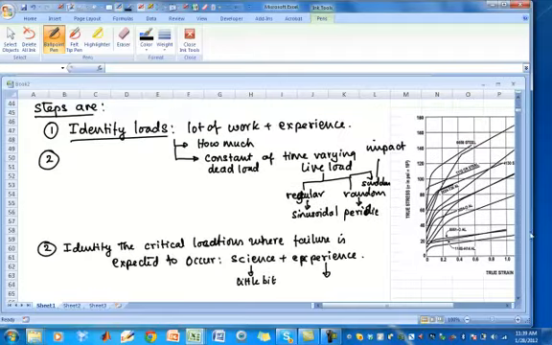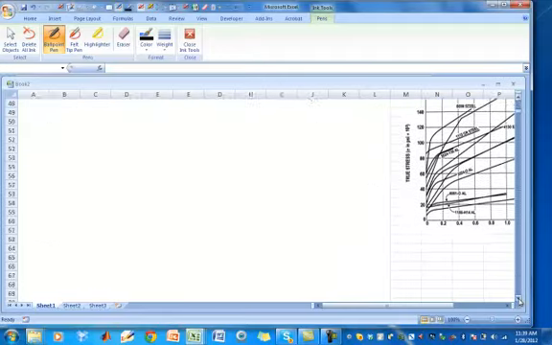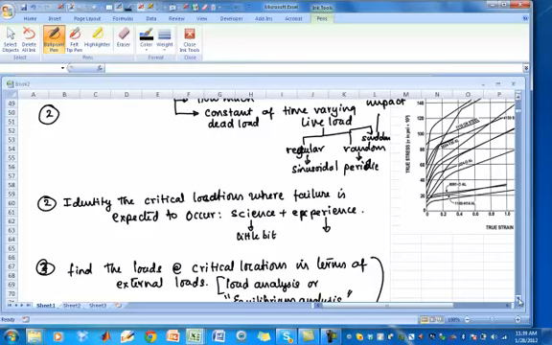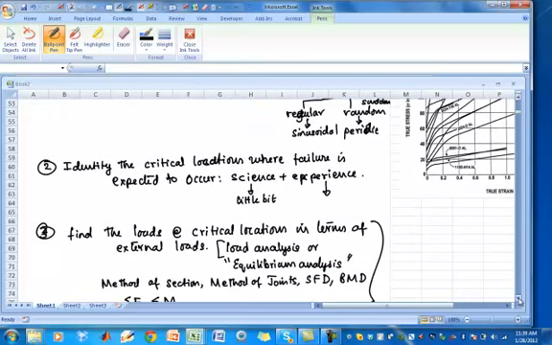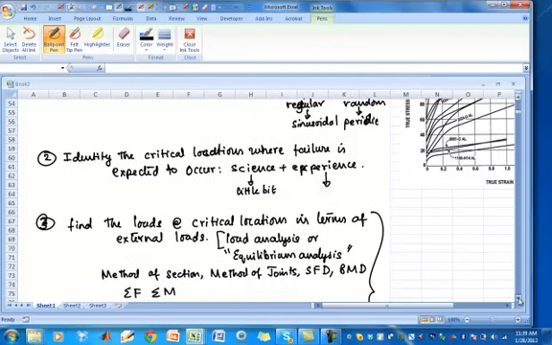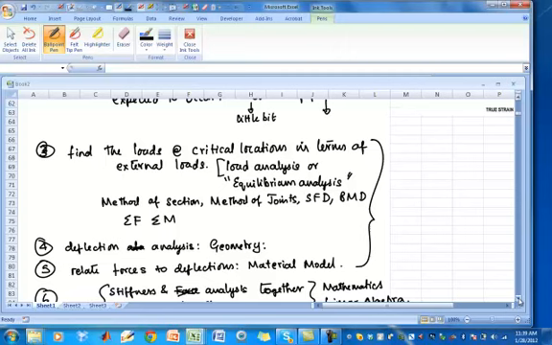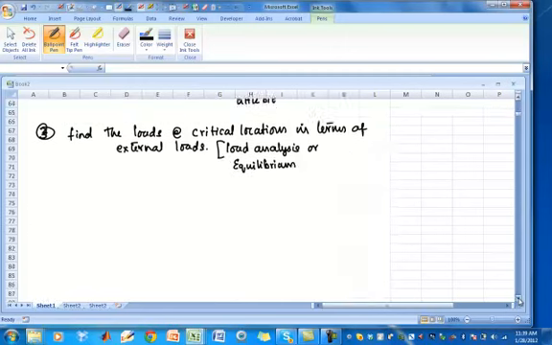So once you have found out what your loads are, the second thing is identify the critical locations where failure is going to occur. Third thing is find the loads at the critical locations, and this involves Newton's laws. And the fourth thing is use geometry to find out what are the deflection relationships.